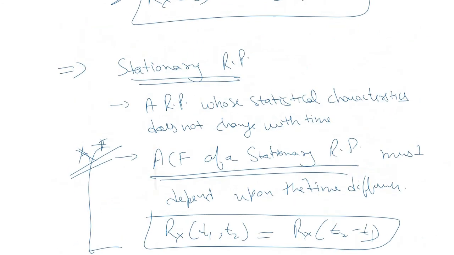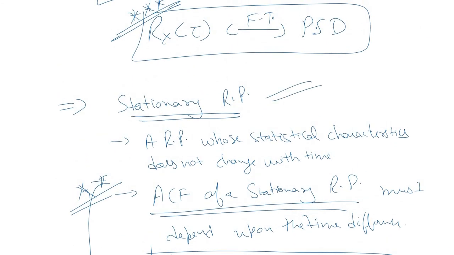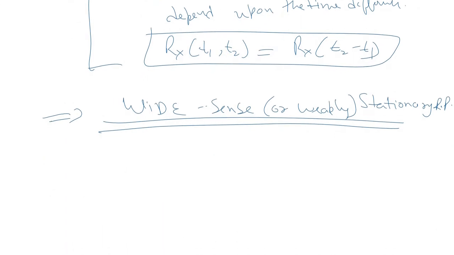In the case of a stationary random process, all the statistical characteristics do not change with time, so the shift in origin is impossible to detect. While in the case of a wide sense stationary random process, only the mean and autocorrelation function are independent of shift of time. All the other statistical characteristics depend on time.